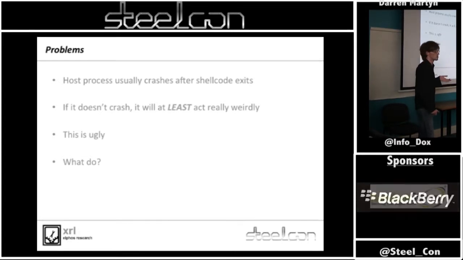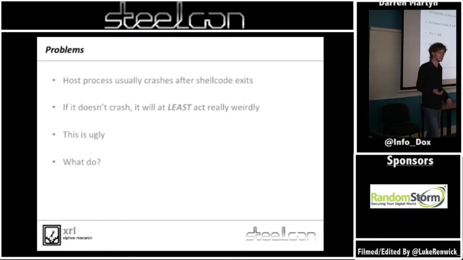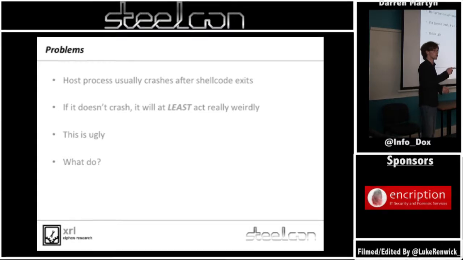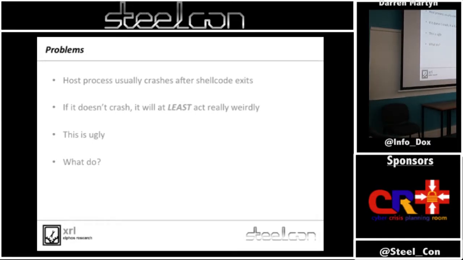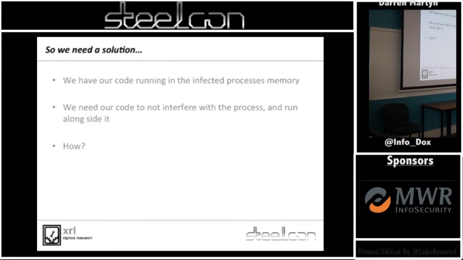If you do this on a box and crash the process, say you inject into Apache or SSHD, and next thing SSHD falls over, the admin's going to be like, hang on, where's my web server? Where's my remote access? What's going on here? Somebody's going to get really annoyed and you're going to get picked up. So that was doing it wrong. That was making a mess.